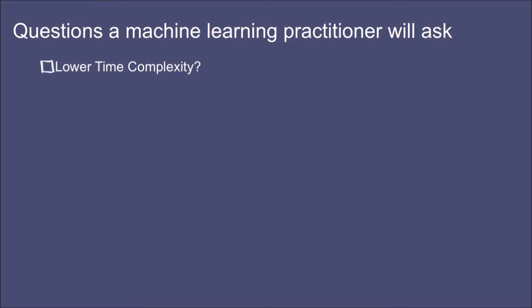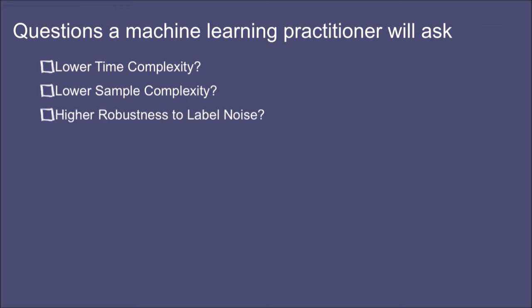Can I classify something with lower time complexity than a classical network? Do I need fewer samples? You know, machine learning people always want to know how many training samples do I need to train a certain architecture to drop below a certain training error. I can also ask how bad is it if my data is polluted.